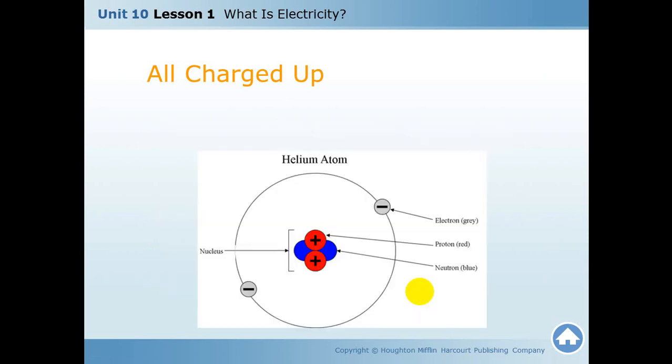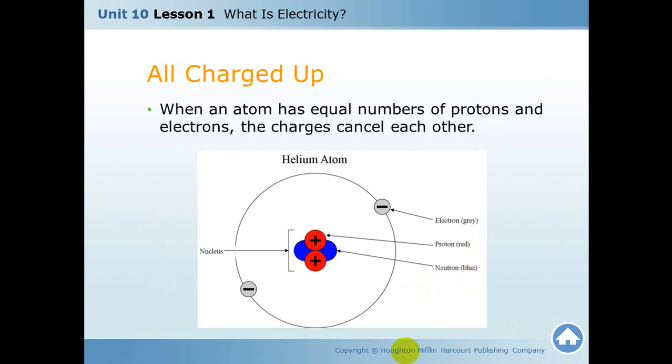Look at this example here. For this atom, we have electron, proton, and neutron. Neutron, no charge. Proton has positive 1, and electron negative 1. When an atom has equal numbers of protons and electrons, these charges, positive and negative, cancel each other. How? Look at this helium atom.